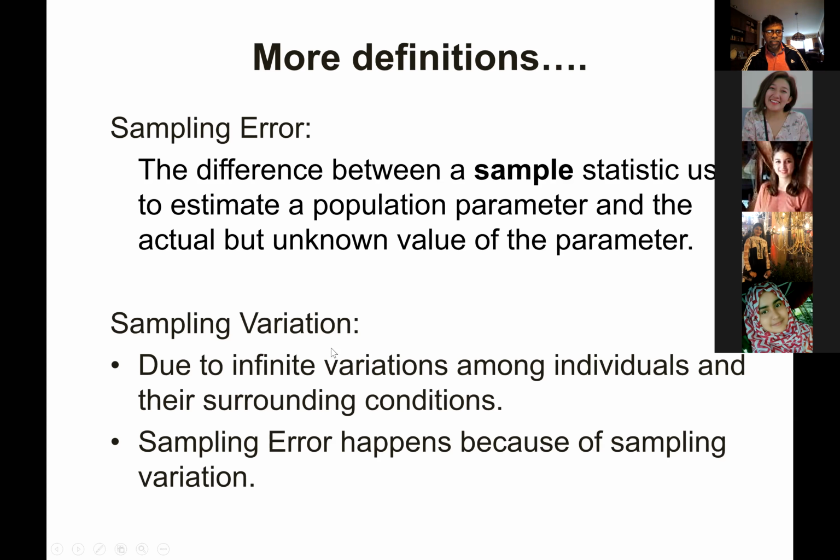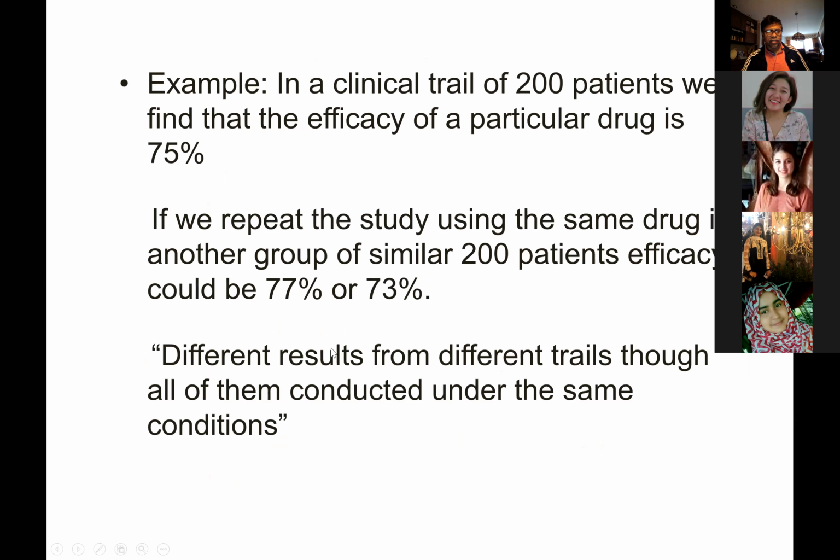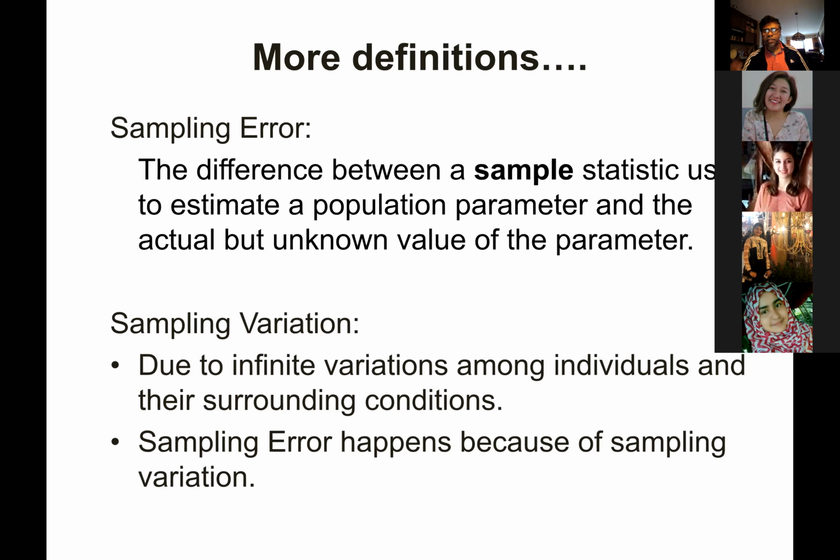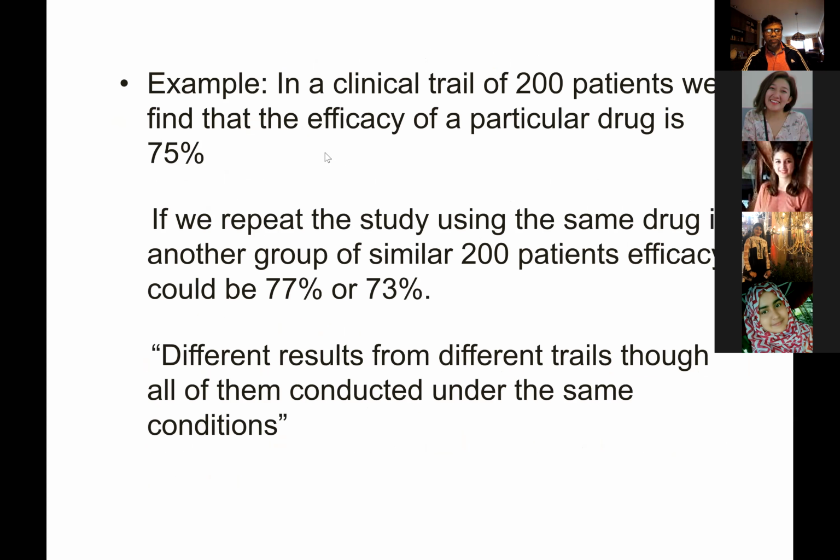Sampling variation is there because at the population level, people are different in terms of their age, their geography, and their genetic construct. So there is variation. That's why if you do sampling multiple times, here is an example.